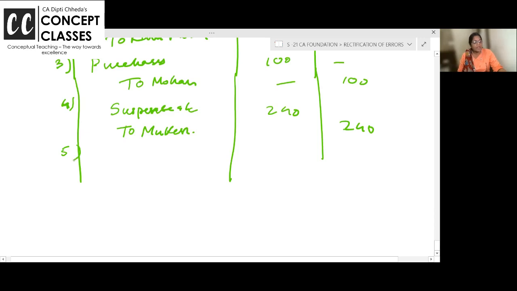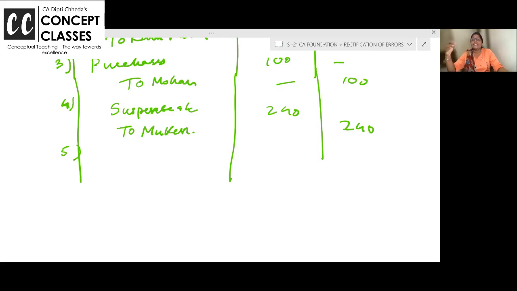Fifth one. A return of 90 to Shyam Sundar posted as 9. Superb. Partial omission. Partial omission error. So you have returned 90 to Shyam Sundar. Shyam Sundar's account, this is like purchase return. What's the entry for purchase return?